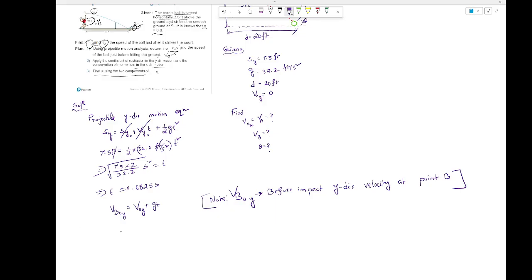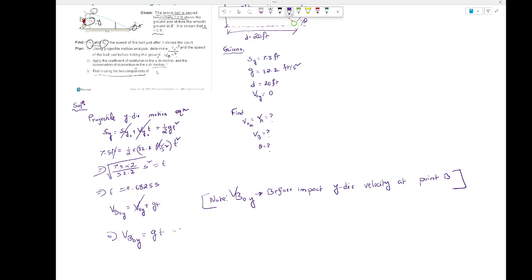So then you'd be doing the solution. BV0y should be equal to, this initial velocity was 0. I did talk about it, right? So before the impact, in the y direction, the initial velocity is zero, and then you have this g multiplied by t.